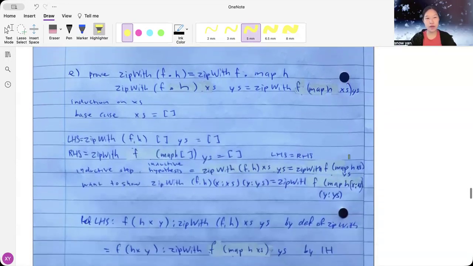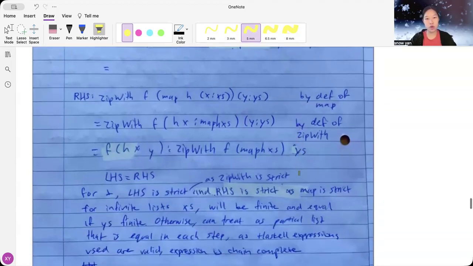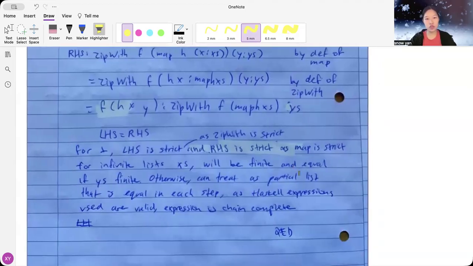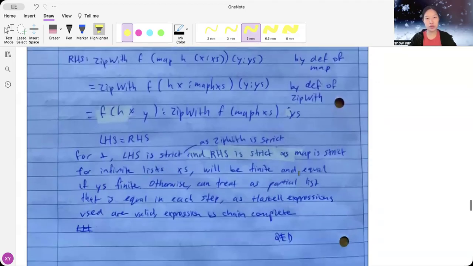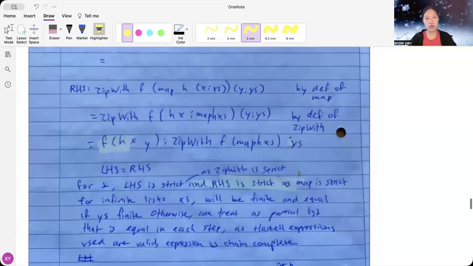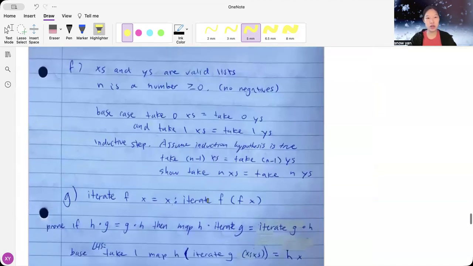And then for part E, I think the main induction part is all right, but it could be a bit more clear. And also one other thing is that it's kind of weird to do left-hand side and right-hand side. It's ideally better to go left-hand side all the way to right-hand side.